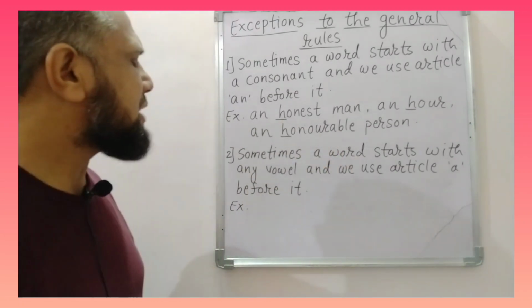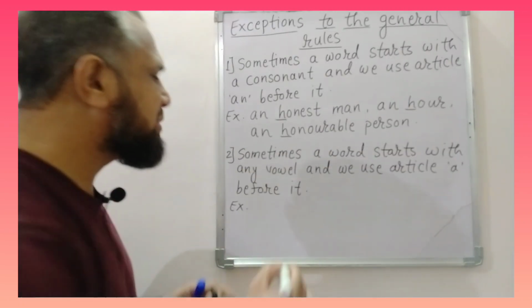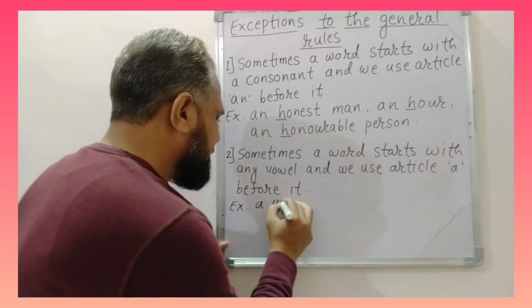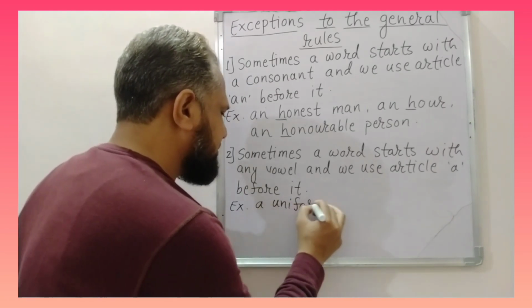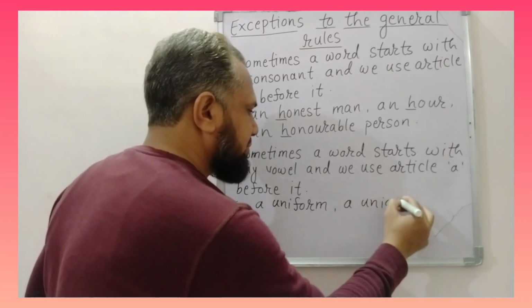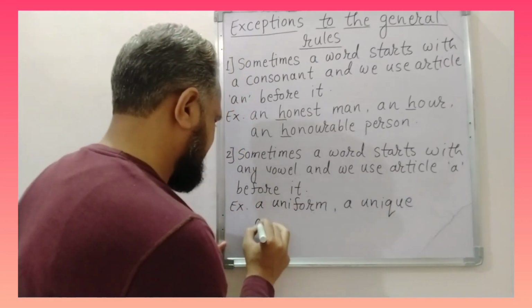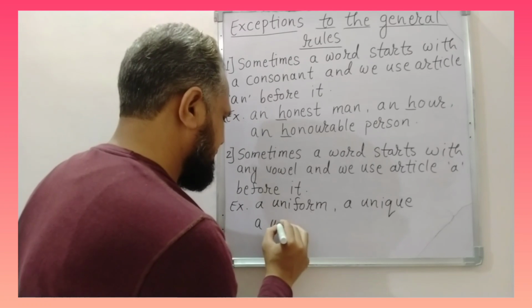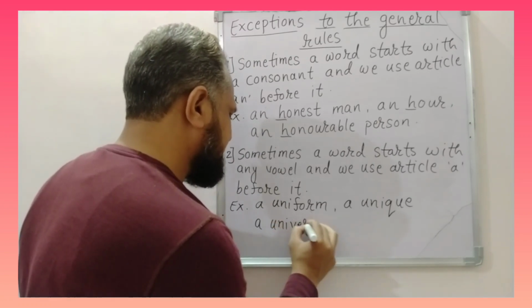And here, according to the second exception, sometimes a word starts with any vowel and we use article a before it. For example, a uniform, a unique, a university.